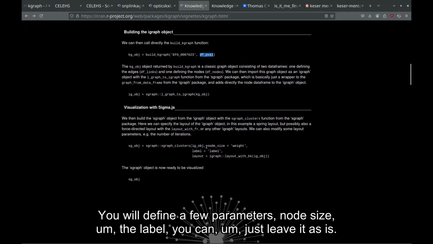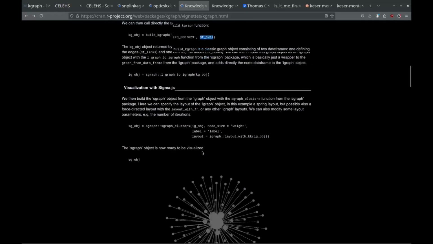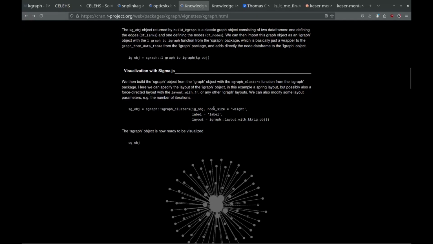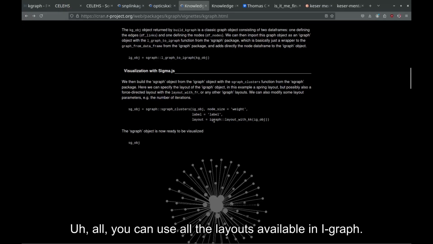You will define a few parameters, node size, the label, you can just leave it as is. There is also a vignette of the sgraph package that goes into more detail about the sgraph parameters. One important thing will be the layout. You can use all the layouts available in igraph.